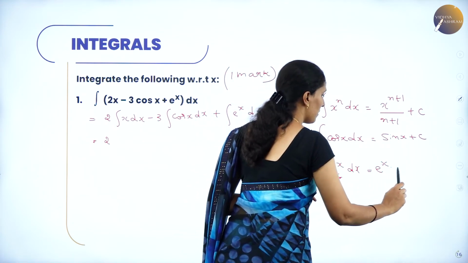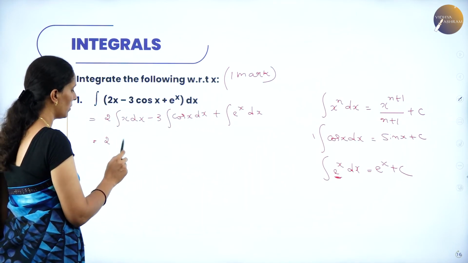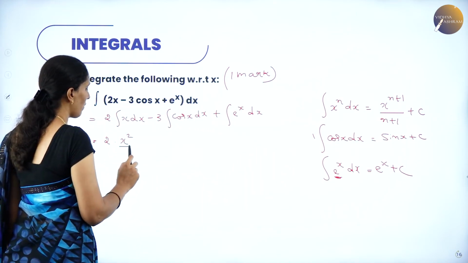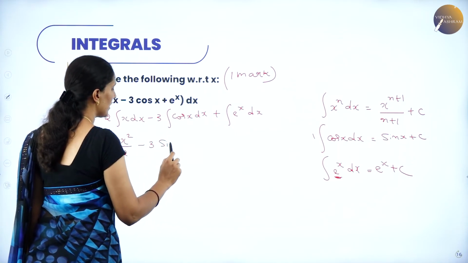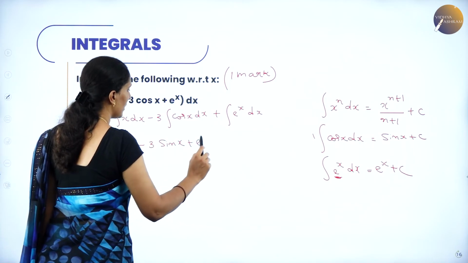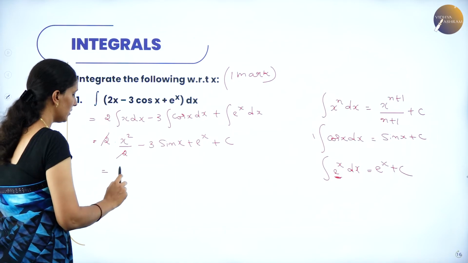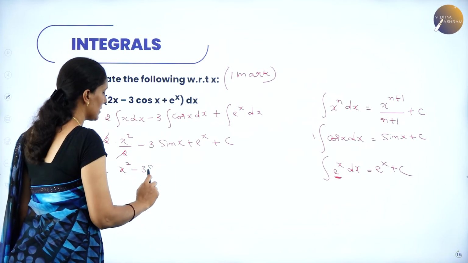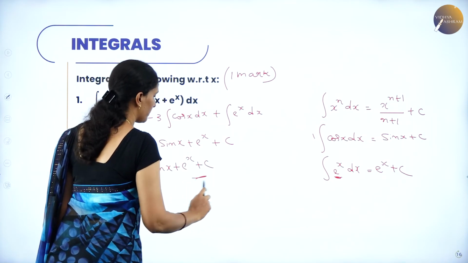So therefore it is e power x plus c. So thus here the answer is 2 into x square by 2 minus 3 into integration of cos x, which is sin x, plus e power x plus c. So we can cancel 2 here. Therefore x square minus 3 sin x plus e power x plus c.